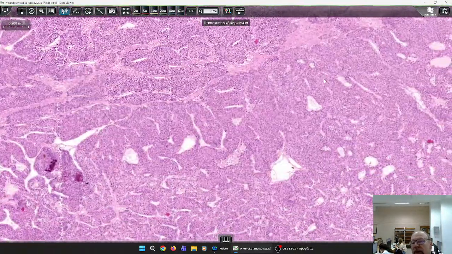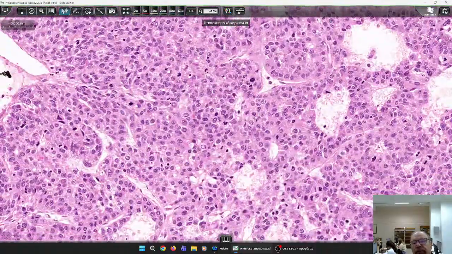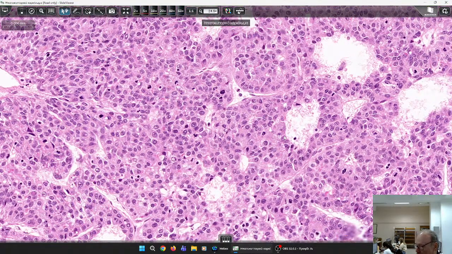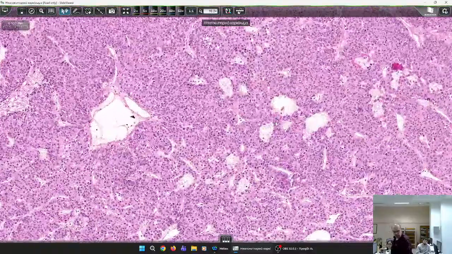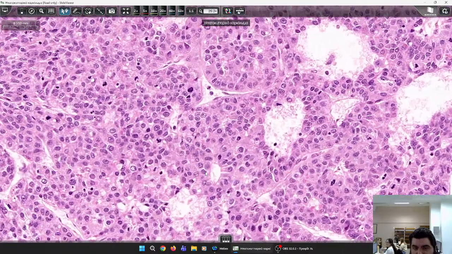You want to comment, Alexandros, on the grading? I would like to comment on something very interesting, at least to me: you can see that the neoplastic cells are still organized in trabeculae, except for these areas. Come closer. What can you see here? It's a little bit of pseudo-acinar formation.